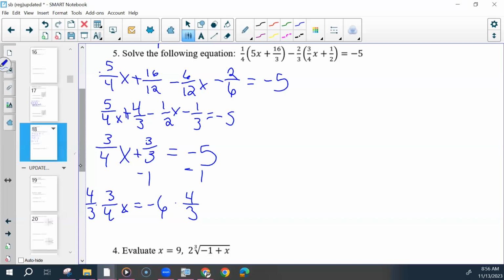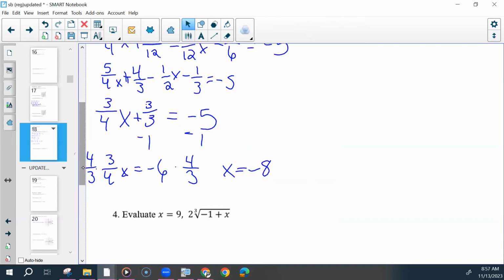So x would equal -24/3, or negative 8, and that would be your final. Questions on that one?